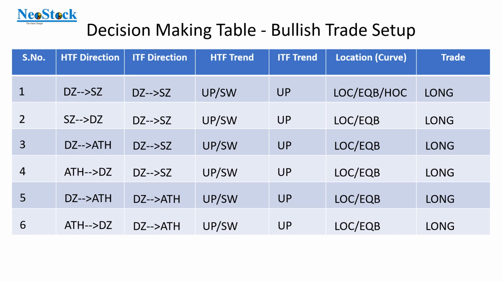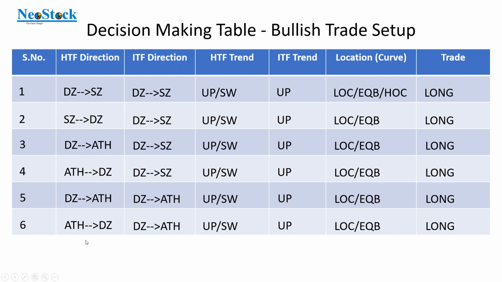So this decision making table will help you filter your stocks: in which stock you need to accept the trade, and in which stock you should not accept the trade. Because it is always in favor of the trend, in favor of the location, and also in favor of the ITF price direction.